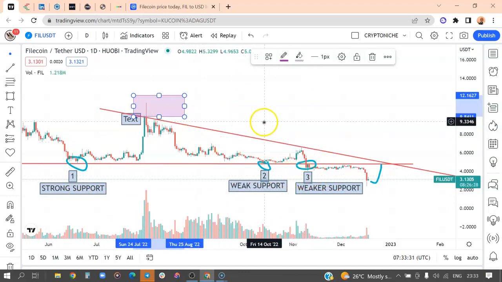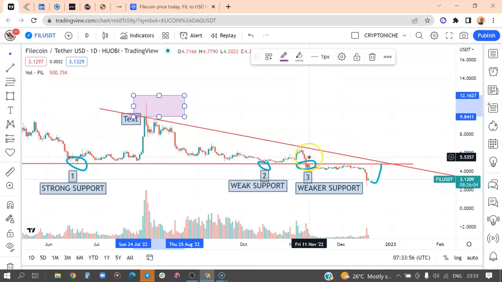In technical analysis, the longer a support is tested, the weaker it becomes, and the longer a resistance is tested, the weaker it becomes. Once the support is completely broken, you should be paying attention to the new trend, because a new trend is about to set in. So you have to take cognizance of all of these details.